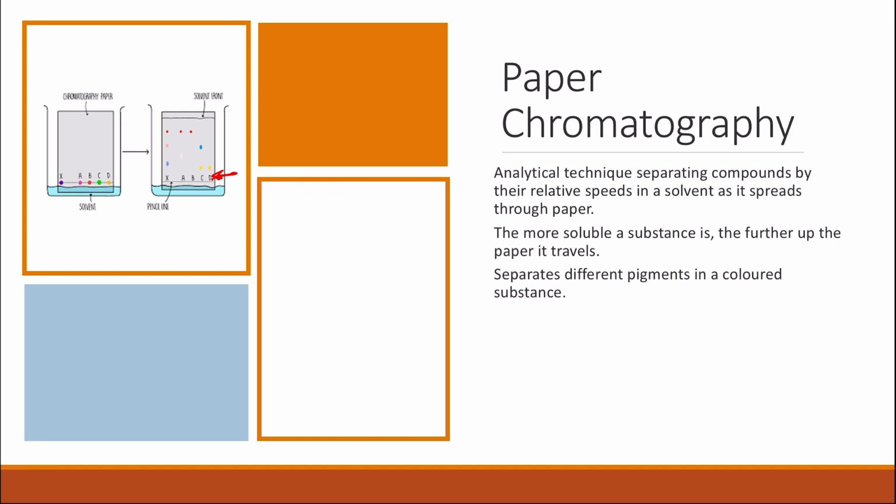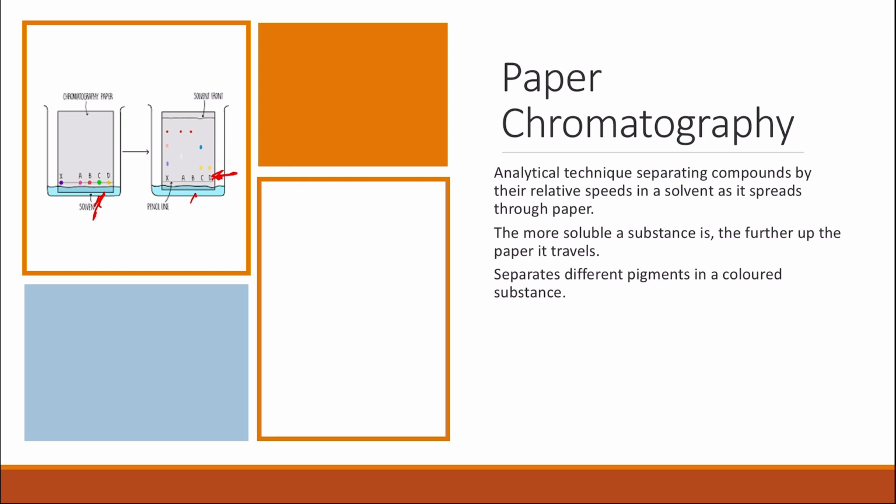You have a beaker, you put the mobile phase in the beaker, and then you put your paper inside the beaker and make sure that the starting line is above the level of your solvent.